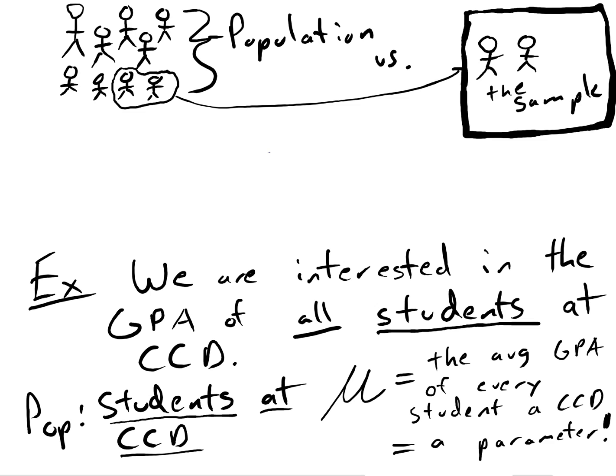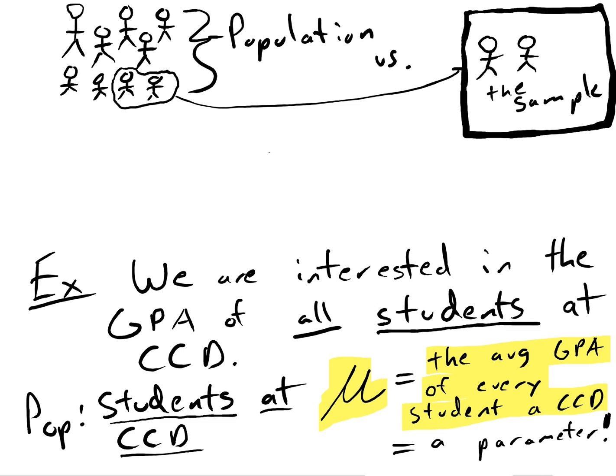But you could imagine maybe if you were doing a research project for some class and you wanted to try to figure out what the average GPA of every single student is at CCD, you wouldn't have access to that information. You wouldn't know this parameter, which is why we say parameters tend to be a little more mysterious than statistics. Parameters tend to be unknown.